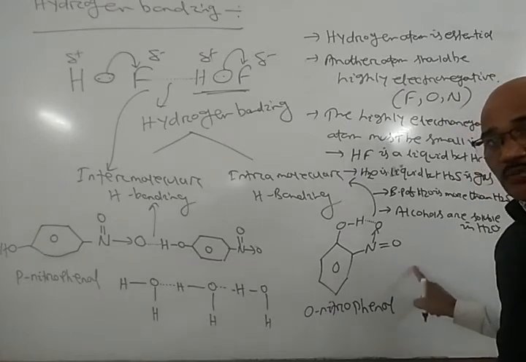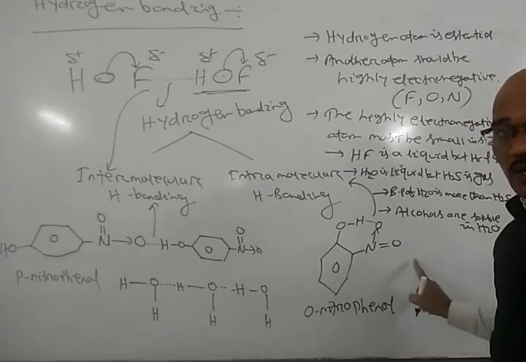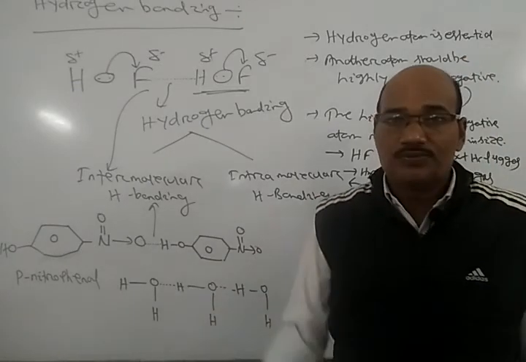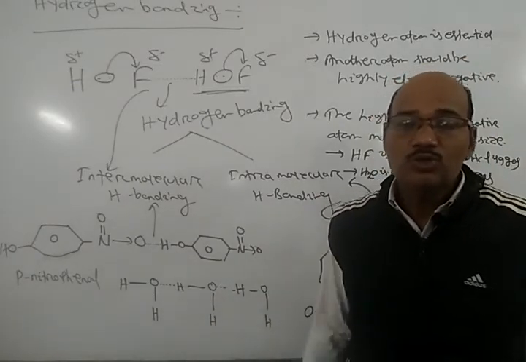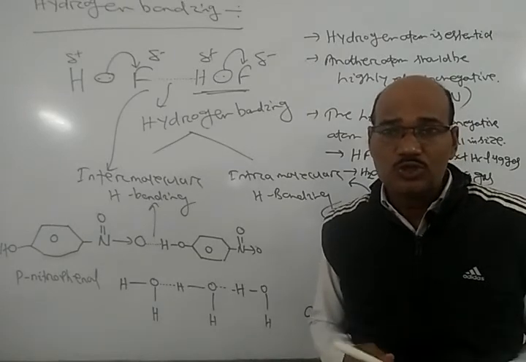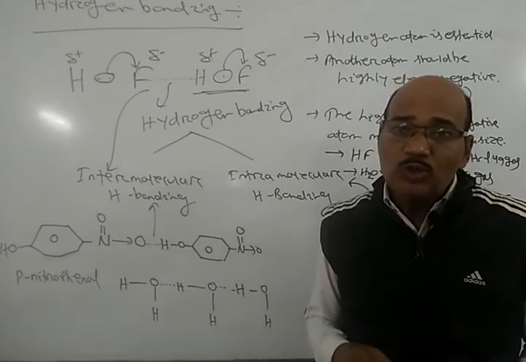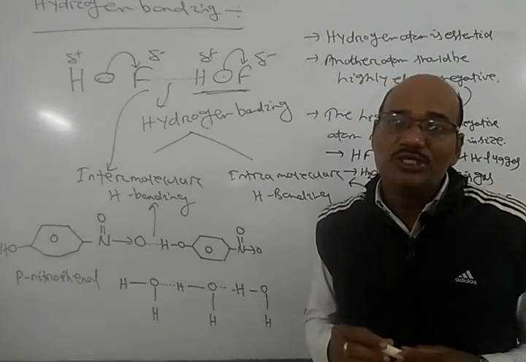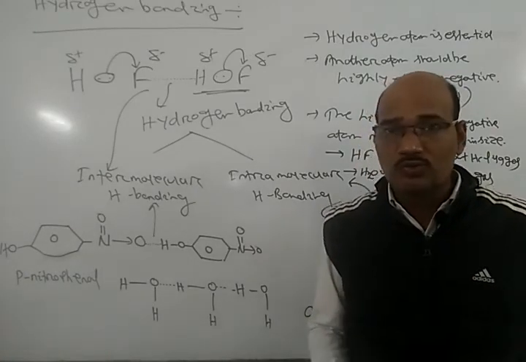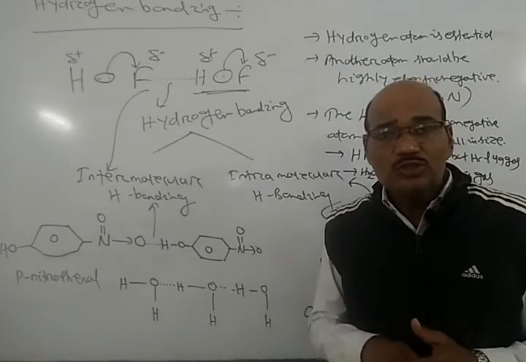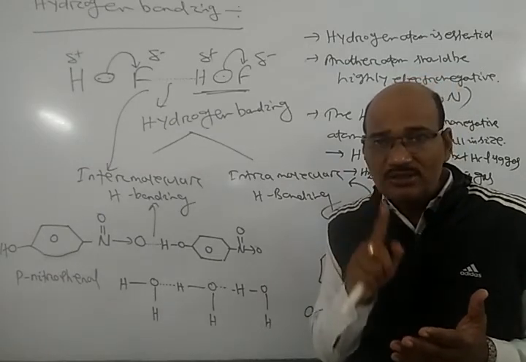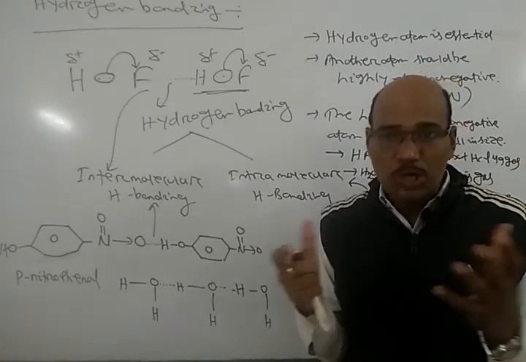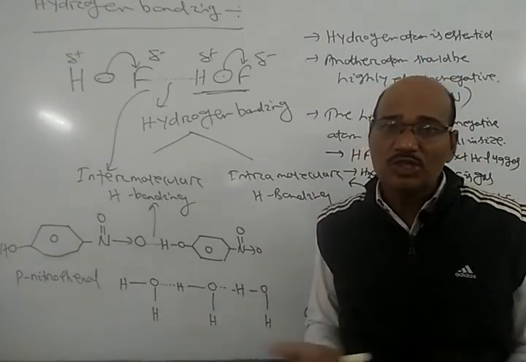Because alcohol can form hydrogen bonding with water, that is why alcohols are easily soluble in water. Okay. So those molecules which are not able to form hydrogen bonding with water are not easily soluble. Okay. So those molecules which can form hydrogen bonding with water can be soluble in water, and those which are not able to form hydrogen bonding are not soluble.